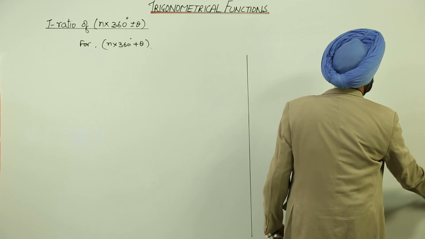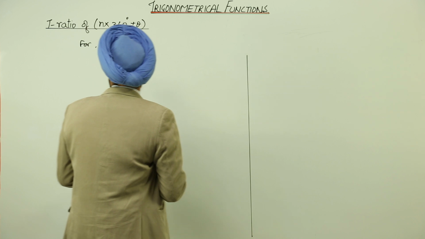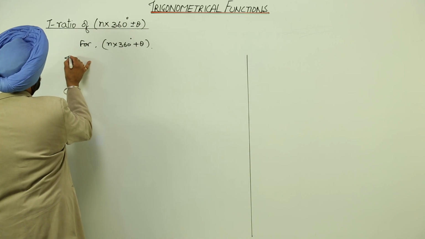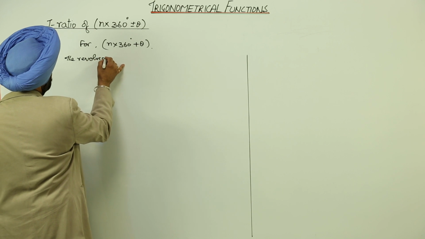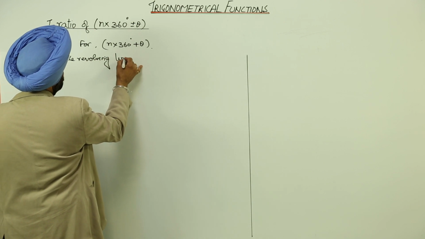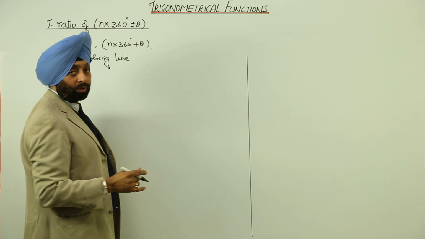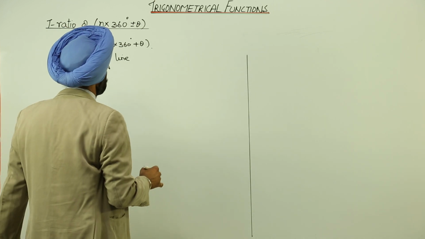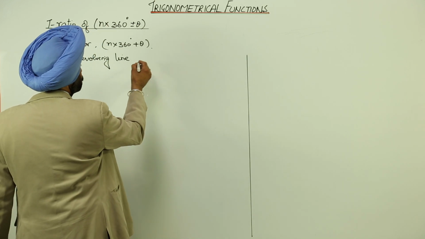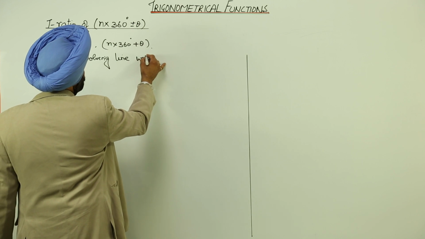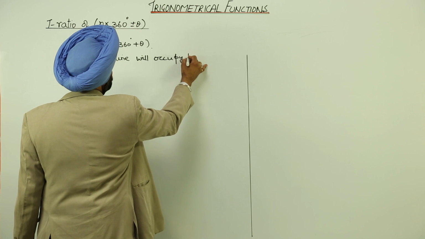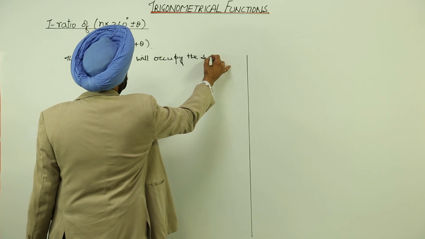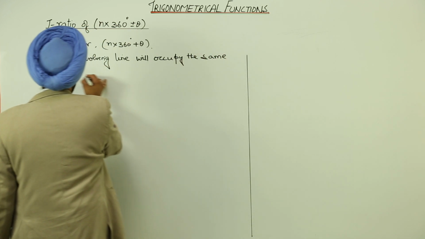Now we can write: the revolving line, means the line which makes an angle. Now the revolving line will occupy the same place.